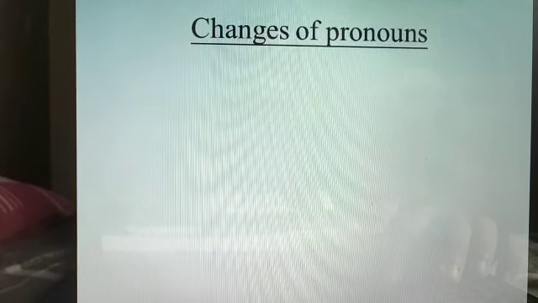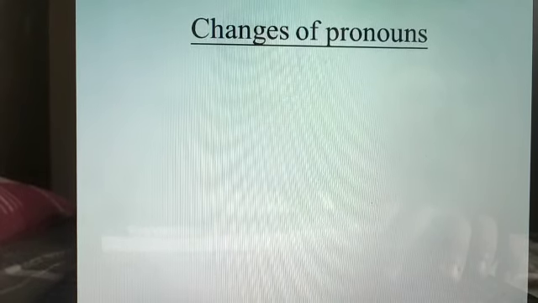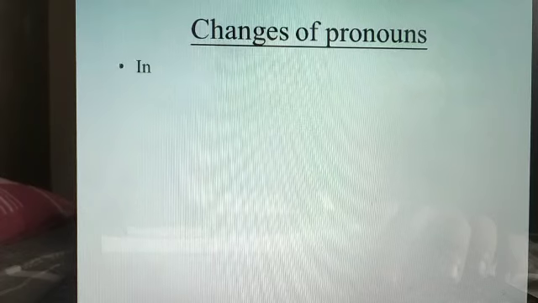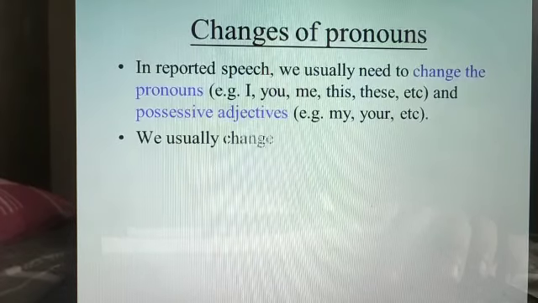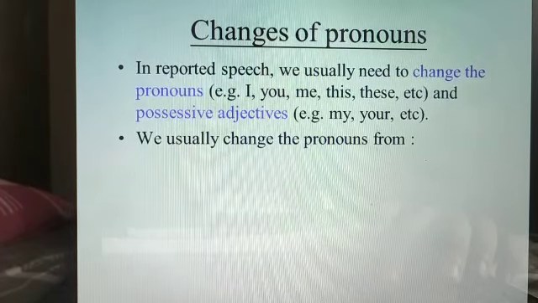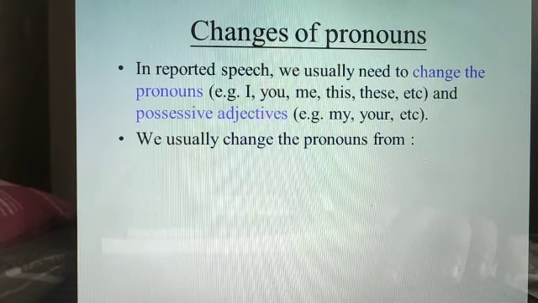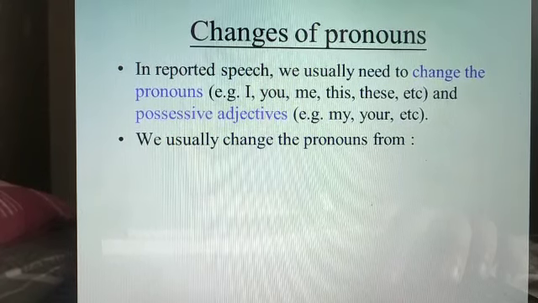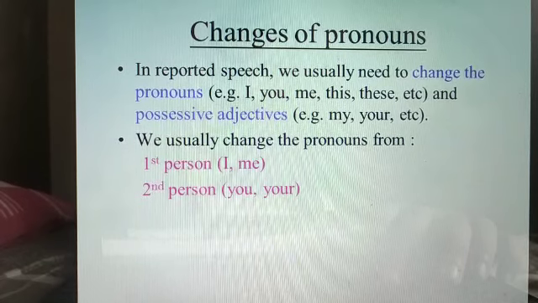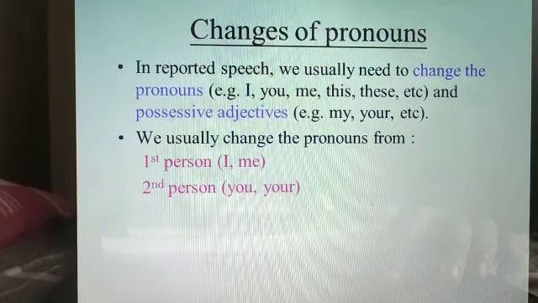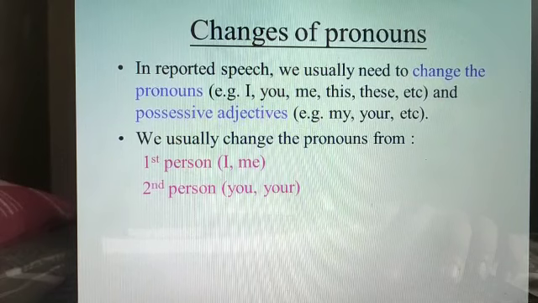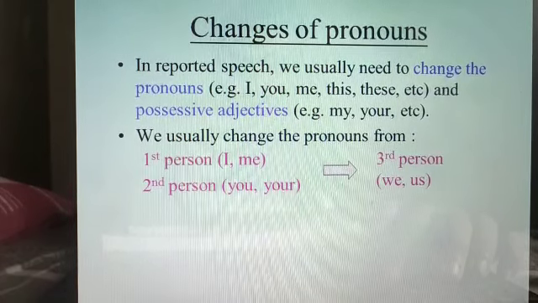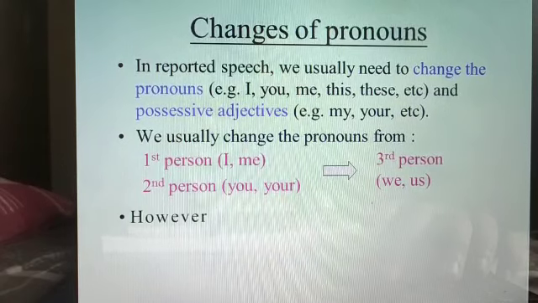Changes of pronouns that we were about to discuss. In reported speech, we usually need to change the pronouns. Example, I, you, me, this, these, etc. And possessive adjectives too. Example, my, your, etc. We usually change the pronouns from first person, I, me, or second person, you, your, into third person, we, us.